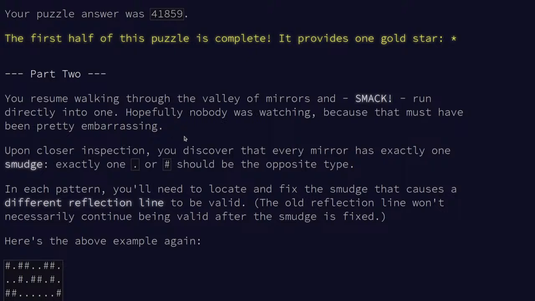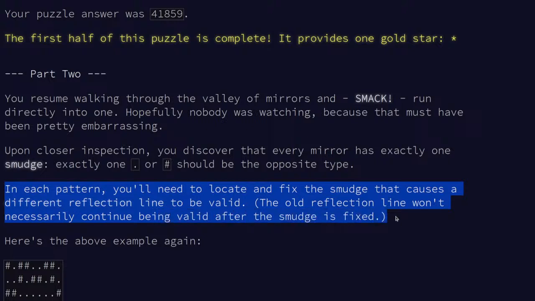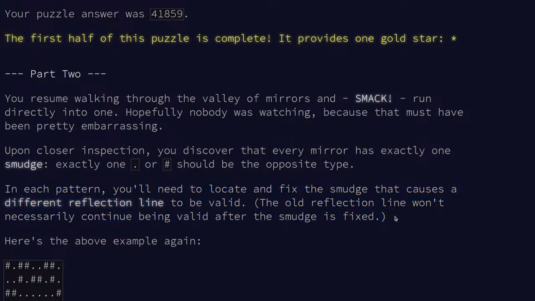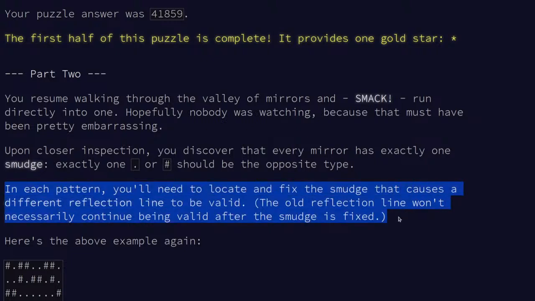Discover that every mirror has exactly one smudge. Each pattern, locate and fix that smudge that causes a different reflection line to be valid.